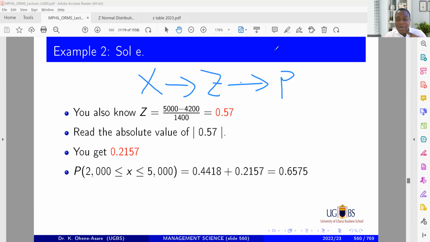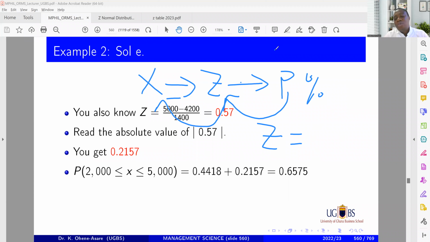What if you have it the other way around? What if you have the p-value first, and you have to use the p-value to get a Z, and then you use the Z to get an X? In other words, what if you have the percentage first? Because I want you to know that the probability is still a percentage. Well, you can still find it using the Z value. Suppose you had a percentage first.